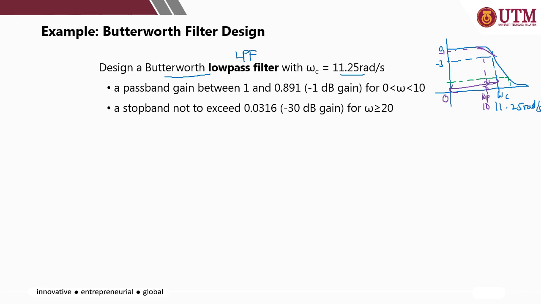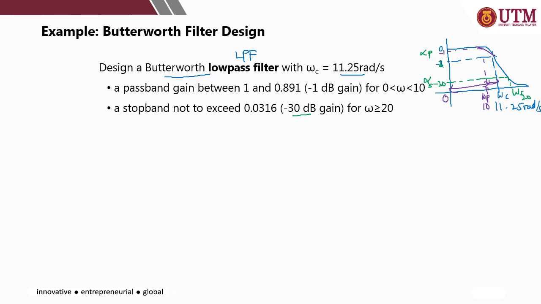And here is your omega s equal to 20 radian per second, and the attenuation is minus 30. This is your alpha s, and this is your alpha p, and this is your cutoff frequency, cutoff value.